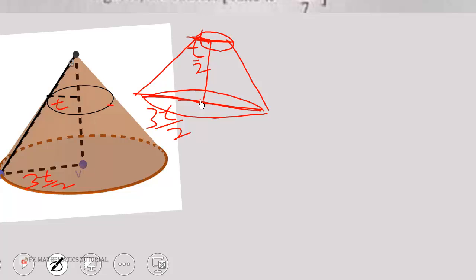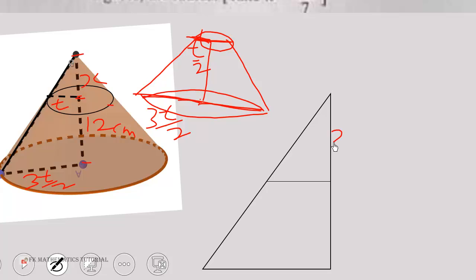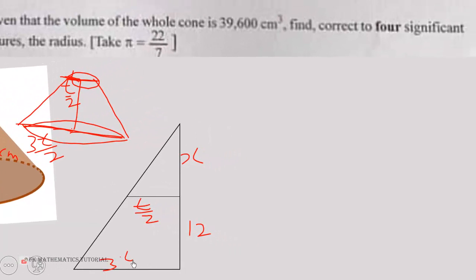Now, we're told that the height of the frustrum is 12. So from here to here is 12 centimeters. Now we don't know this one, so we can let it be x, from this point to this point. So we have something like this: this is x, this is 12, this is t over 2, and this is 3t over 2.